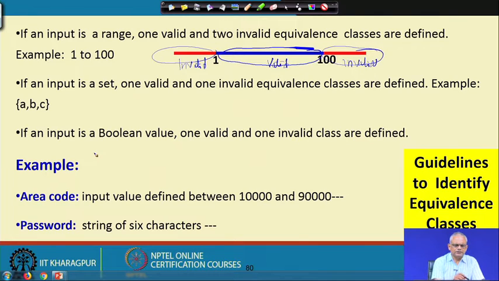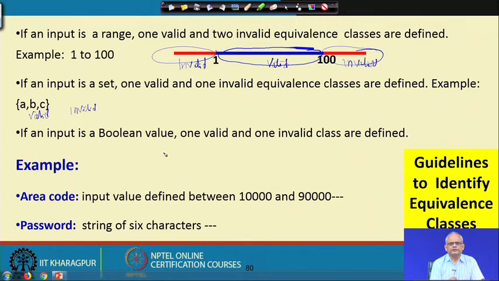In that case, this defines a valid set of equivalence class, and anything other than A, B, C is the invalid set of equivalence class. So, if the input is a set, we need to identify a valid set of equivalence class and an invalid set of equivalence class. What if the input is a Boolean value?